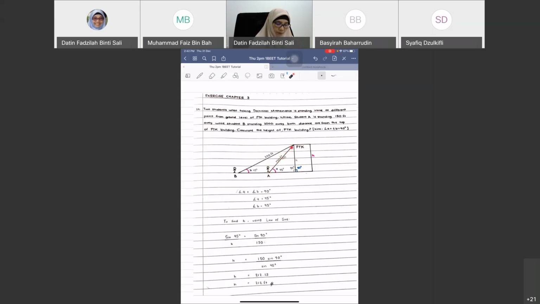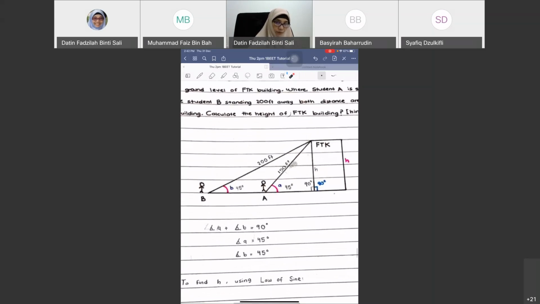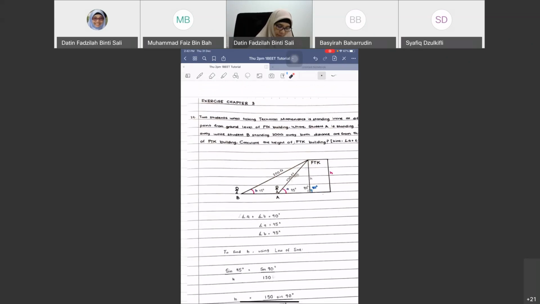So that means the distance from this student to the top of the building is 150 feet. And then the distance from student B to the top of the building is 200 feet. Calculate the height of the FTK building.